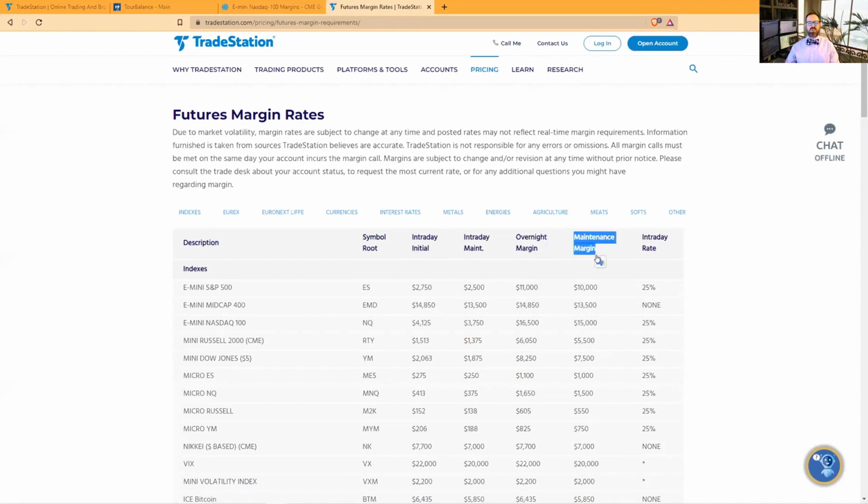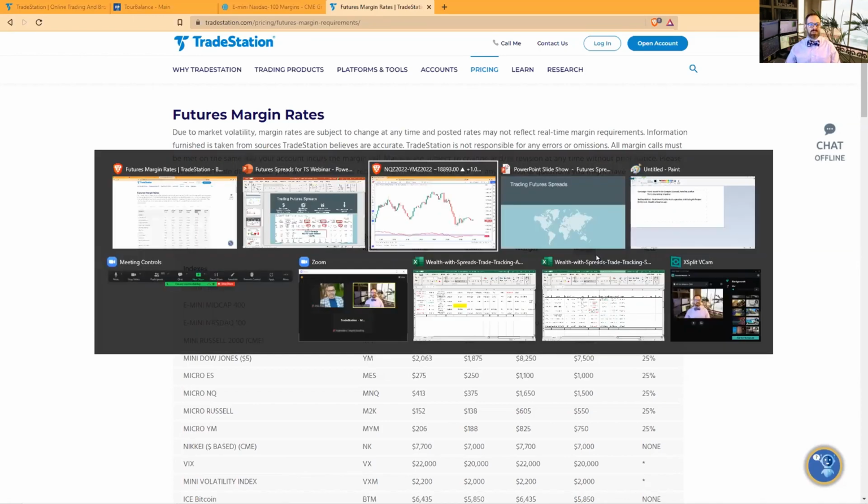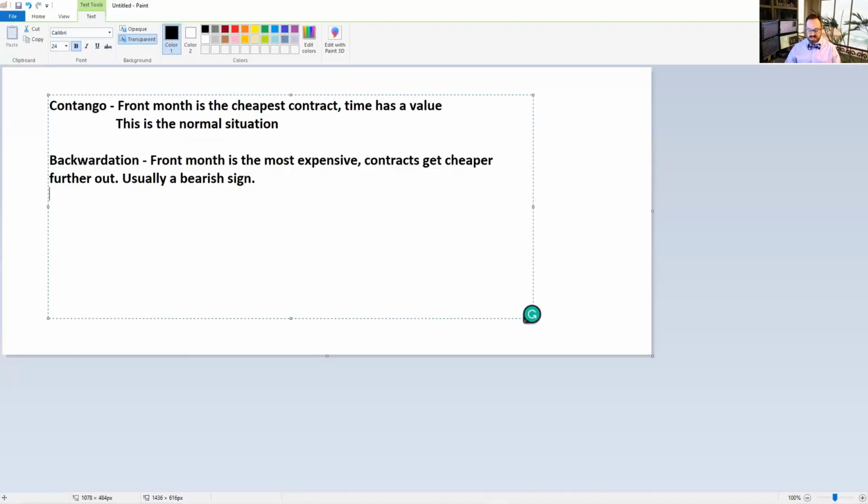Unfortunately, they only show the maintenance margin on the CME website, which is not a big deal because the maintenance margin times 1.1 is the overnight margin. Okay, let me say that again and I'll type it out here. Basically, initial margin is 110% of the maintenance margin.